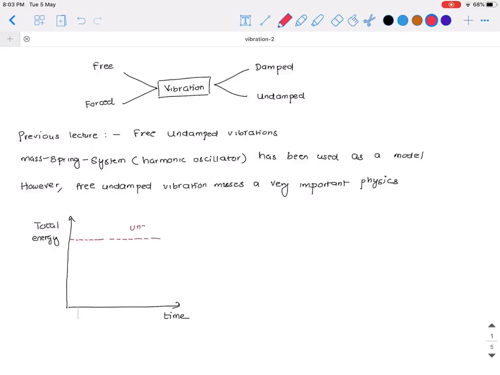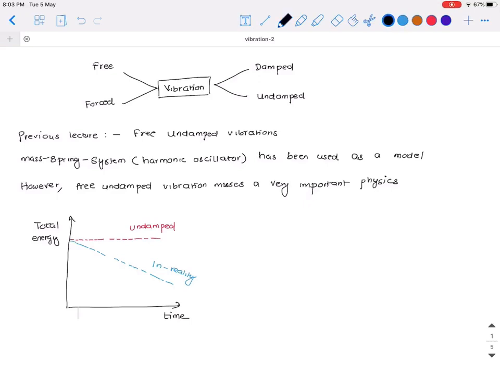Okay, this is an undamped system, but in reality energy dissipation occurs, and with respect to time, without any forcing, the magnitude reduces. Okay, this is in reality.